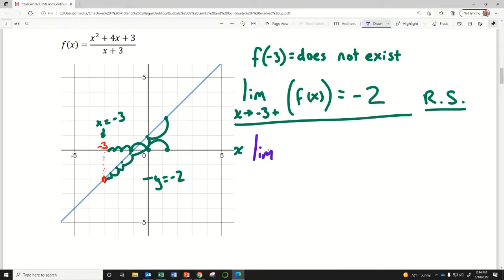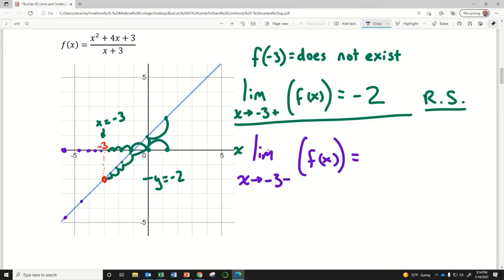Taking the left-sided limit is x approaches -3 from the left side, taking the limit of my function. And that means I have to start from some x that's less than -3 over here on the left, and then approach x equals -3 from the left side.